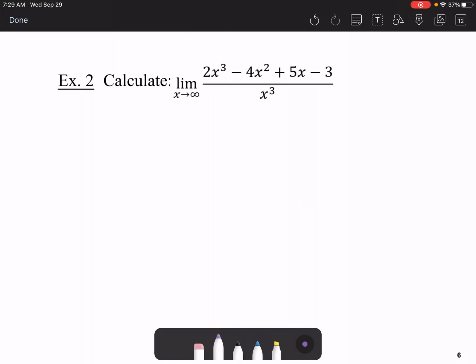So right here, you have this limit as x approaches infinity of 2x cubed minus 4x squared plus 5x minus 3, all over x cubed. Well, what I can do is divide the numerator by x cubed, and I can also divide the denominator by x cubed.